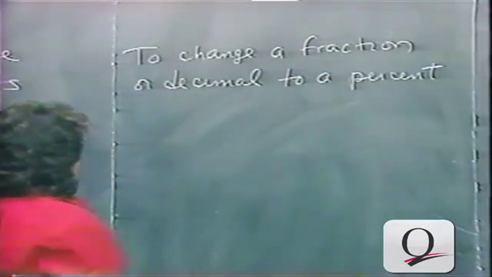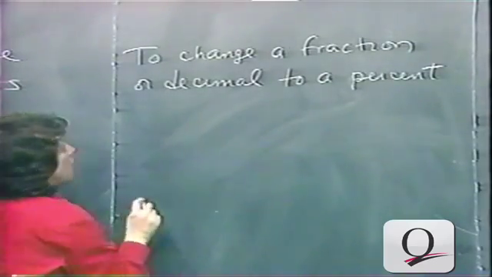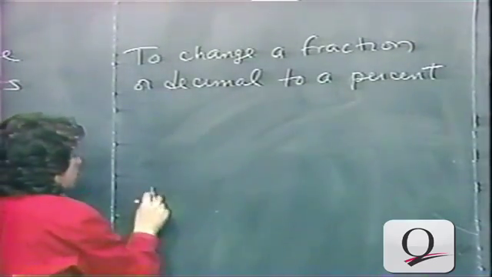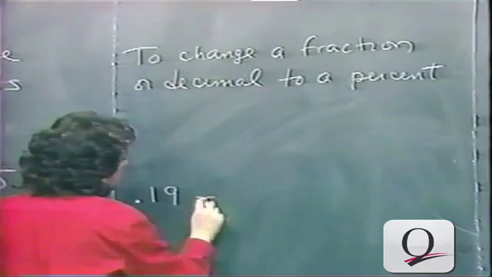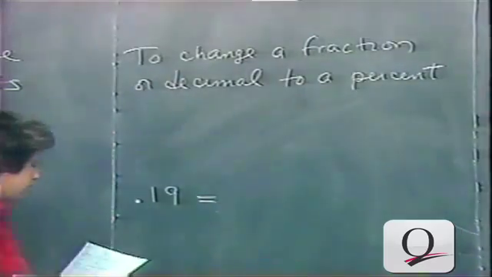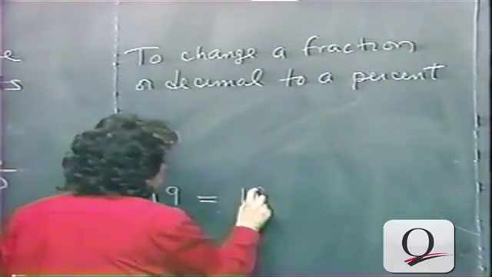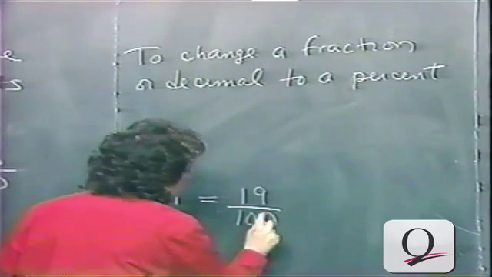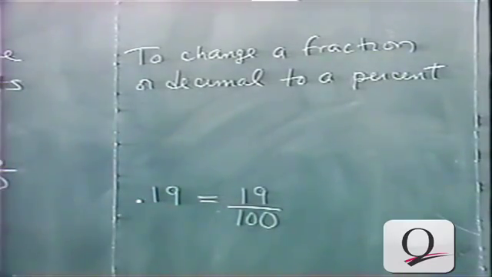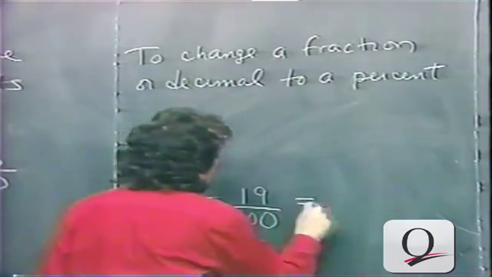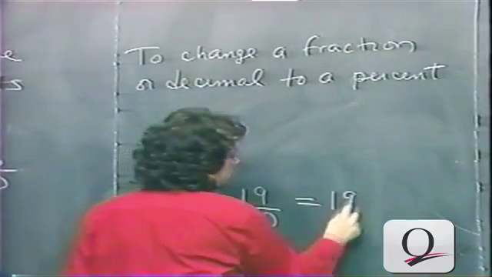For example, a decimal like 0.19, or 19 hundredths, would be equivalent to 19 parts out of 100, or 19%.